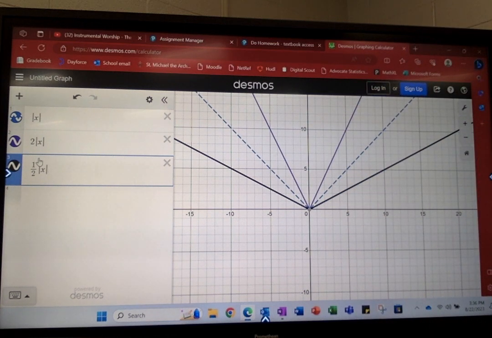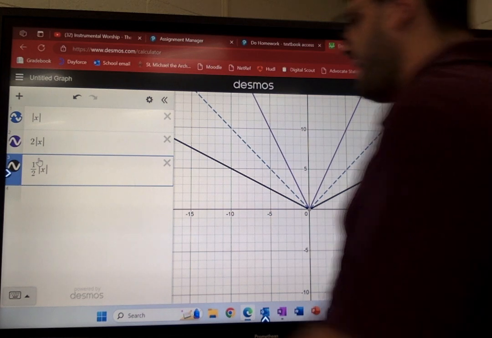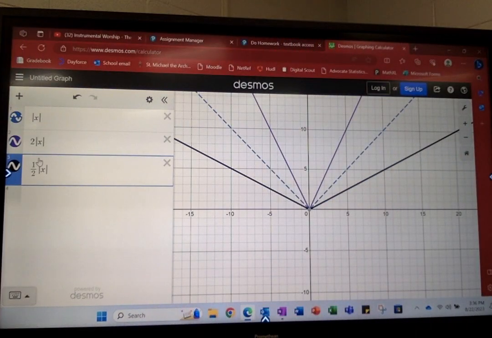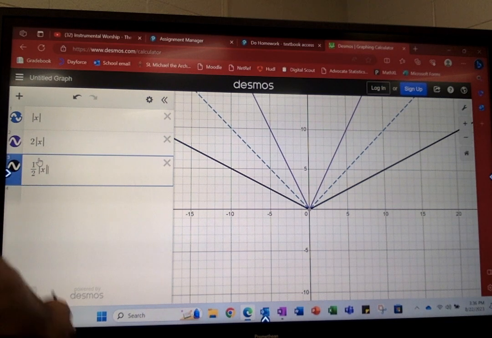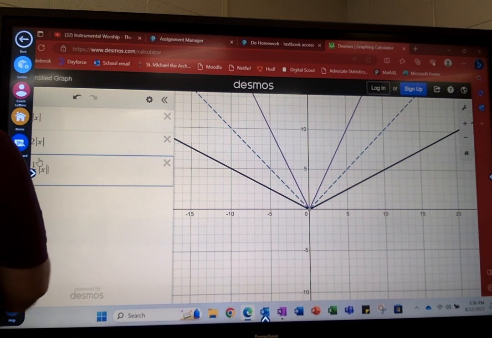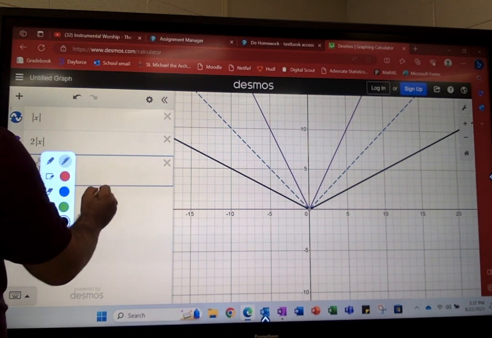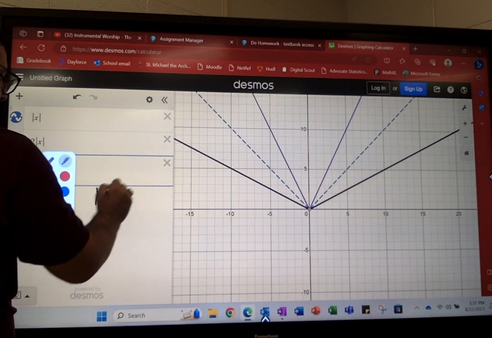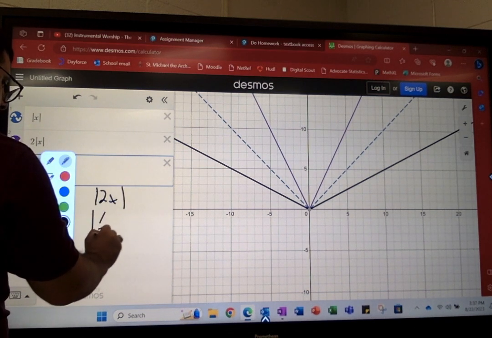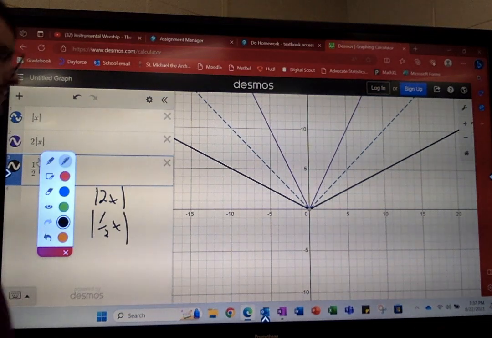But now watch what happens when I do the same thing, but instead I'm going to horizontally compress it and horizontally expand it. So what I'm going to do is take the 2 and the 1/2, and put them on the inside this time. Okay?